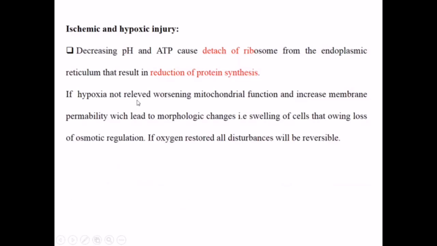If hypoxia is not relieved, the mitochondrial function is affected and membrane permeability increases, which leads to morphologic change like cellular swelling, owing to loss of osmotic regulation. If oxygen is restored, so there will be no reduced oxygen, all disturbances will be reversible.